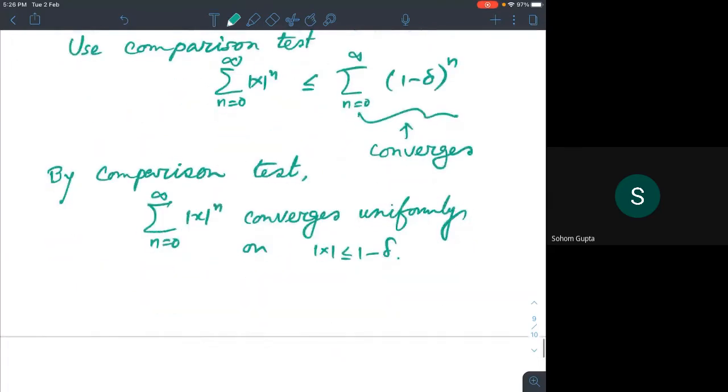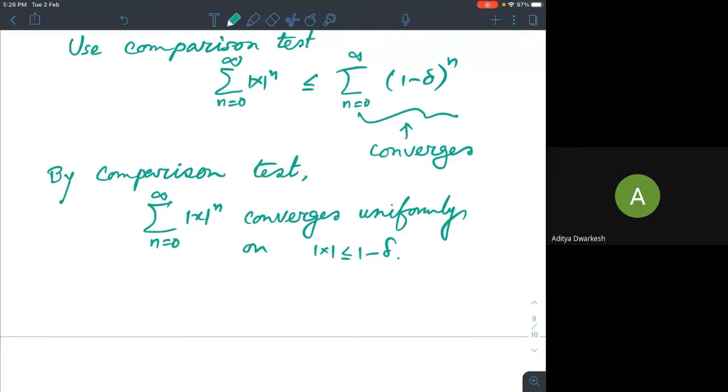Now, the comparison test doesn't directly tell us about uniform convergence, right? It's only because from the 1 minus delta raised to n series we can pick an n naught which is not dependent on x that we infer that convergence is uniform.